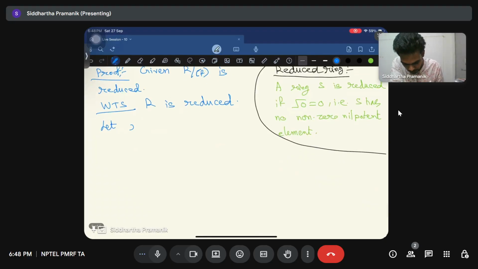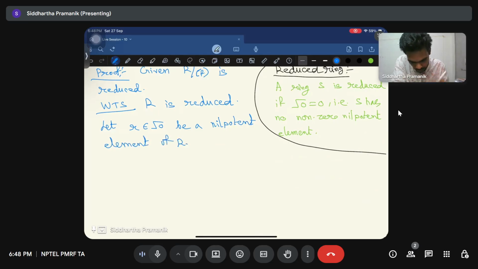Let r belonging to the radical of 0 be a nilpotent element of R. By the way, we are in a graded setup, so we can assume that it is a homogeneous nilpotent element.